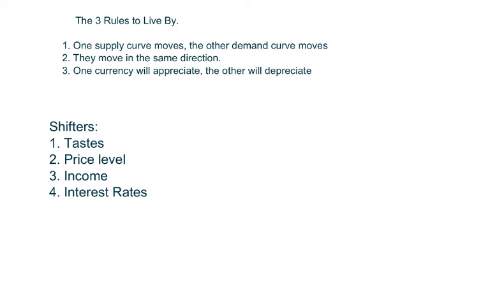Last but not least, interest rates. Now, I don't want you to think of these interest rates as us going to borrow money at the bank. Obviously, when we want to borrow money, we want the lowest interest rate possible. When I'm referring to interest rates here, I am referring to the bond market.